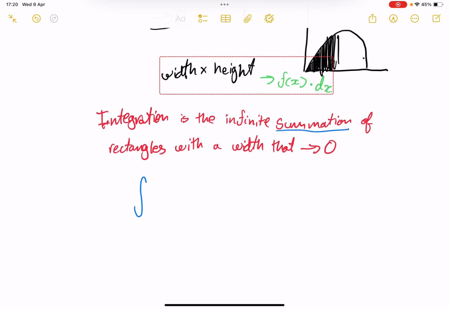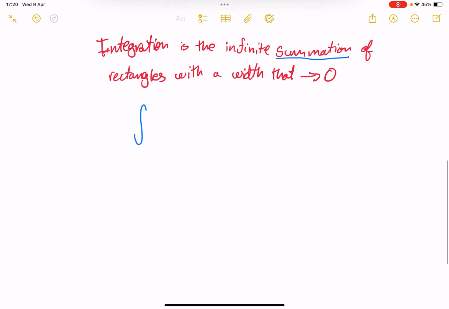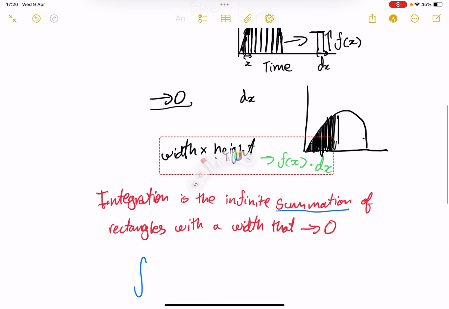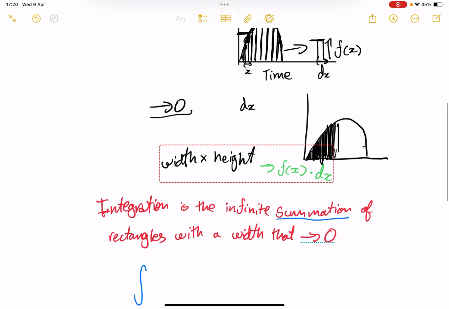Now, since we're summing an infinite number of rectangles, it would clearly be too tiresome if we said rectangle 1 plus rectangle 2 plus rectangle 3. So instead, we can do this. Firstly, when we're finding the summation, we have to consider what interval we want to do it on.